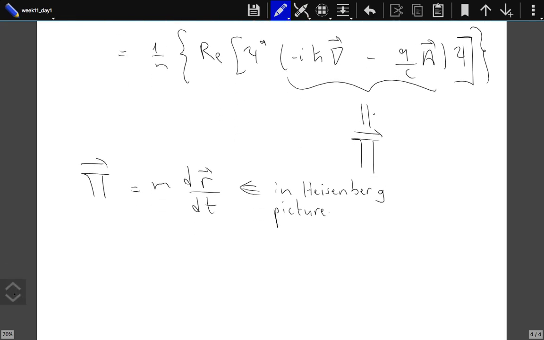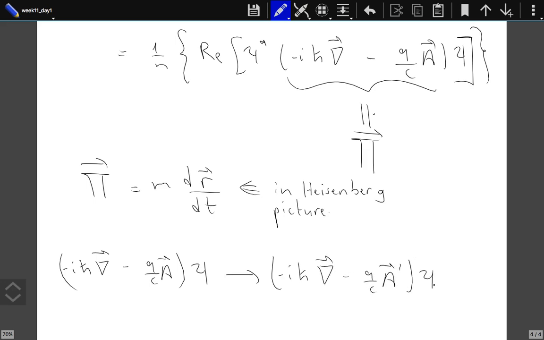Now, if you remember, under a gauge transformation, we have minus i h bar gradient minus q over c A acting on psi going to minus i h bar gradient minus q over c A prime acting on psi prime.